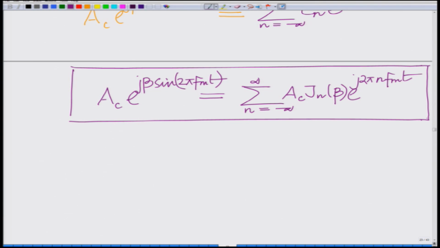This is basically the expression of the discrete Fourier series of the complex baseband equivalent signal of the passband FM signal.